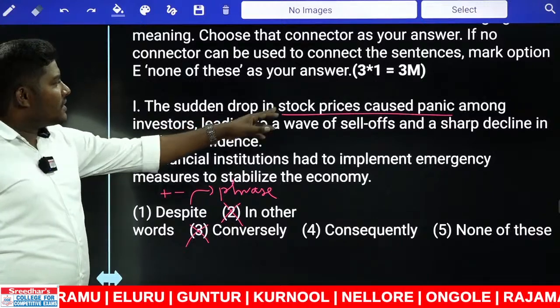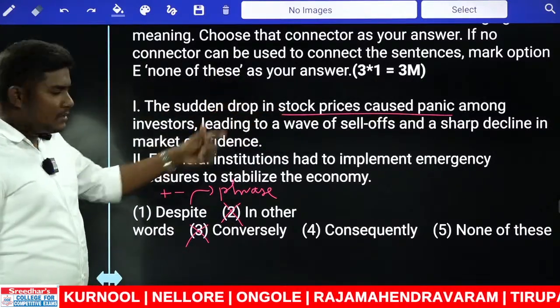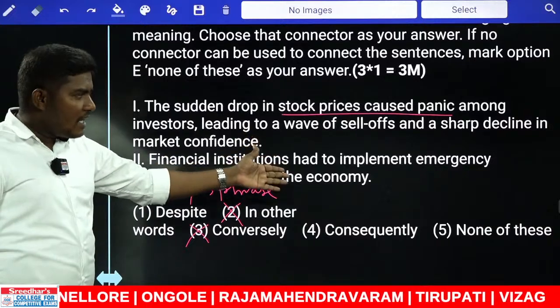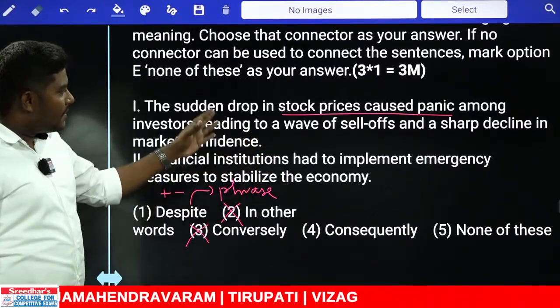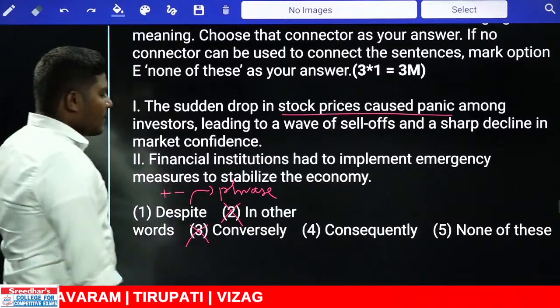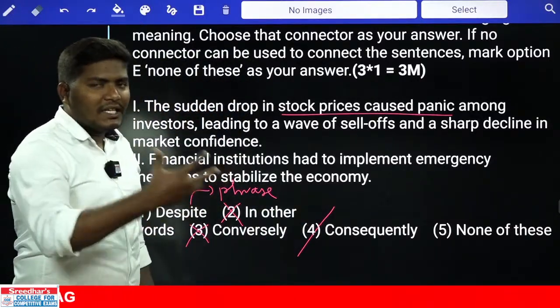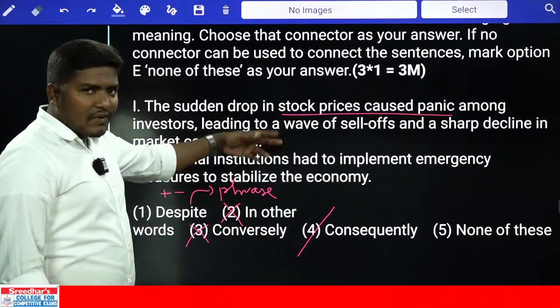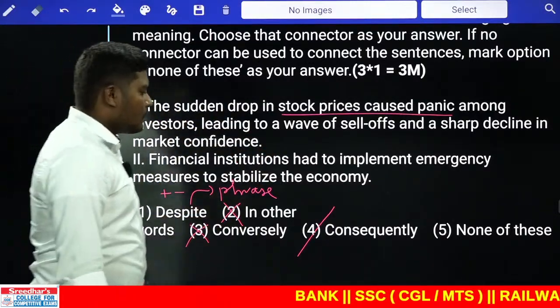The sudden drop in the stock price caused: sudden drop, subject, caused is a verb, that is a clause. Financial institution had to implement: had is a verb, financial institution is a subject. Both of them are clauses. So can you tell me your answer? Consequently. Consequently is nothing but cause and effect. This is the cause and the effect is immediately. Consequently, they started implementing some countermeasures. So that should be the answer.